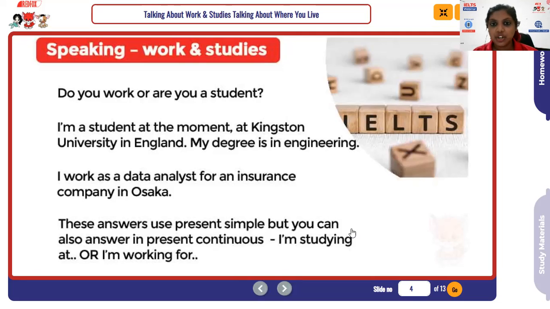So our batches do not have more than 5 to 6 members. I have had batches with just 2 students also, because when it is more than 5 or 6, students do not get individual attention, and a student requires individual attention, especially for something so important as your IELTS exam. So our batch strength is maximum 5, 6. It's mostly 4, 3, something like that.